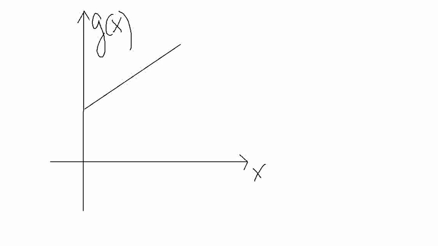Okay? And let's label the endpoints and make it clear what we're talking about. So let's say that it has a y-intercept of 2. Let's say that the purple vertical line segment is at x equal to 4.